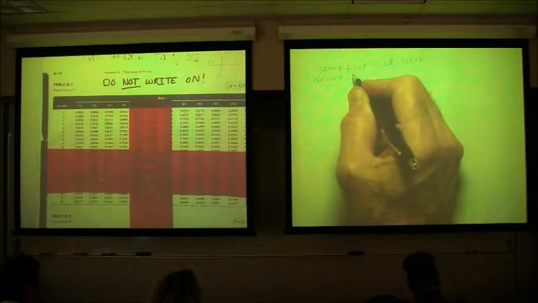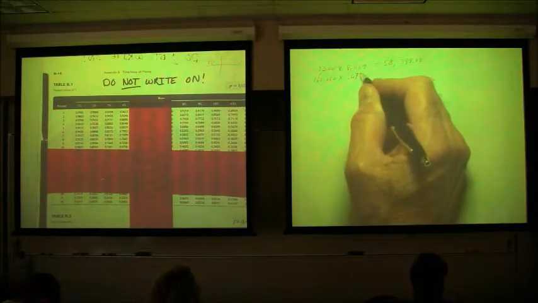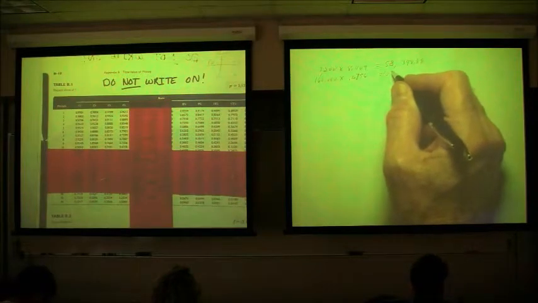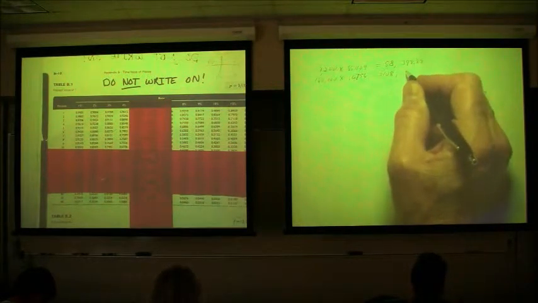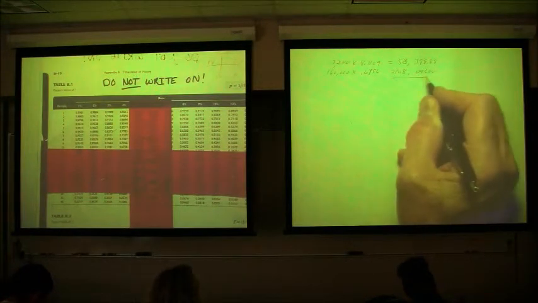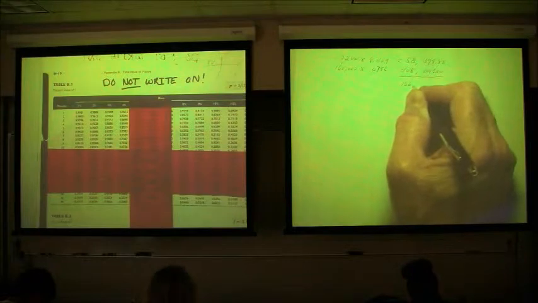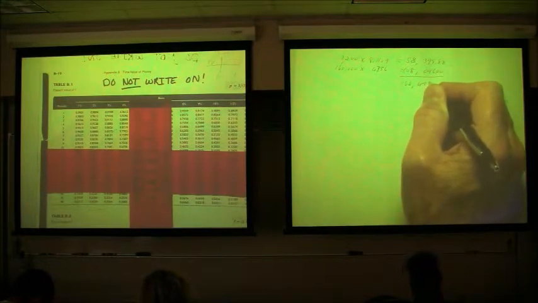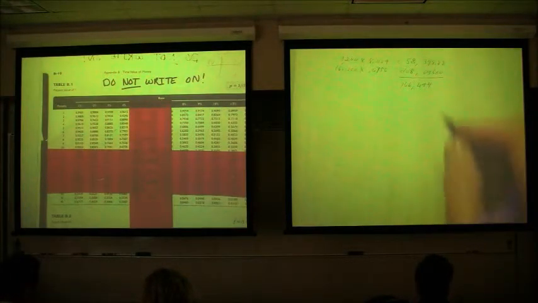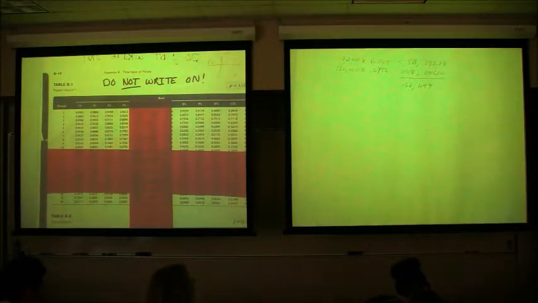The factor is 0.6756. So the present value of that is 108,096.00. Add those two together, it comes to 166,494. Okay? And I'll just shave off the cents.